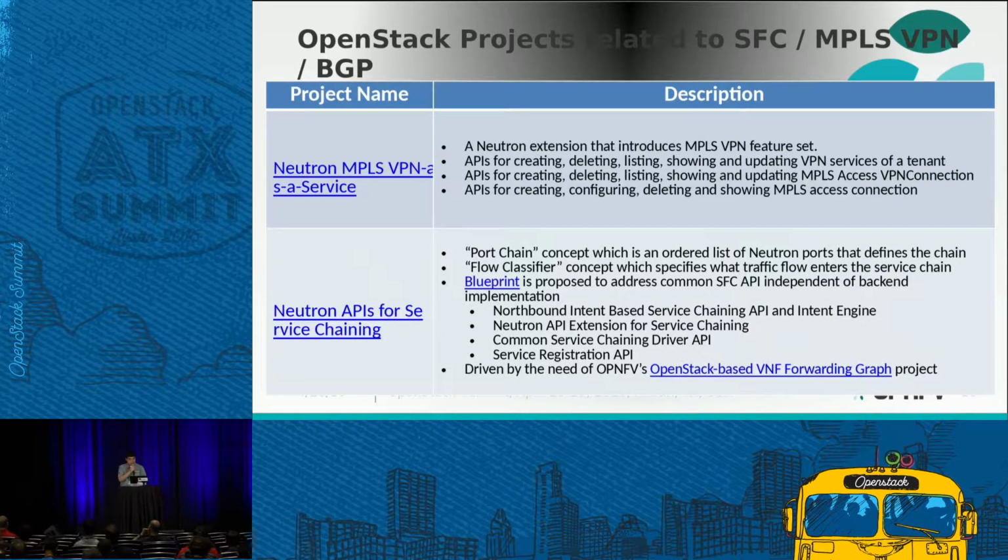And there's another project called Neutron Service Function Chaining, which the team also just mentioned, and will be used for the next step, as upstream. It basically defines two different concepts: the port chain concept, which is an ordered list of the chain itself, and also the flow classifier, which is the classification for functions, and it also provides different APIs to create a chain.